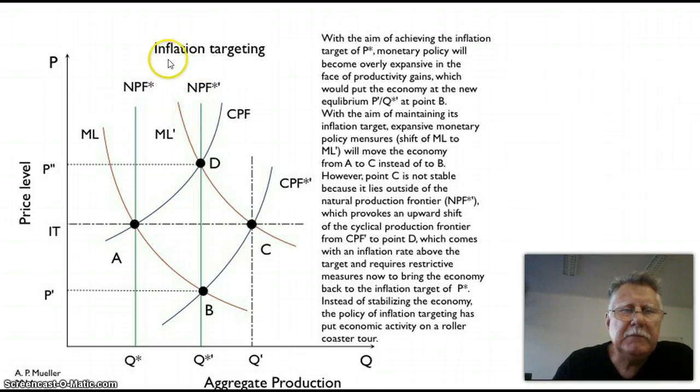A similar thing can be said about inflation targeting. Now here we have this point A. Let's assume that we have a situation where productivity gains happen. So we would move the cyclical production frontier downwards, and the natural production frontier would shift to the right, so the natural point would be B. And this move would be the natural path of growth, a deflationary economic expansion or deflationary economic growth.